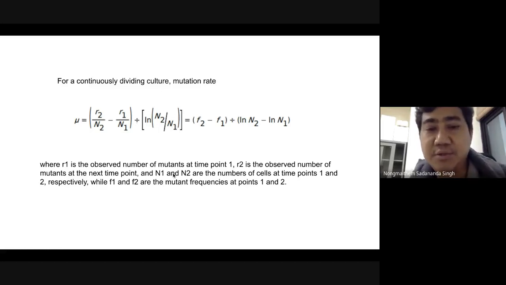So you can use this considering the accumulation way of calculating mutation rate. In all these experiments, the frequency of mutation in the nth generation, F1, can be found out.